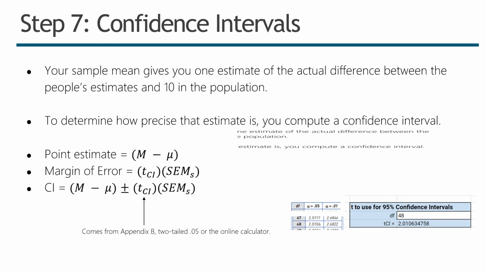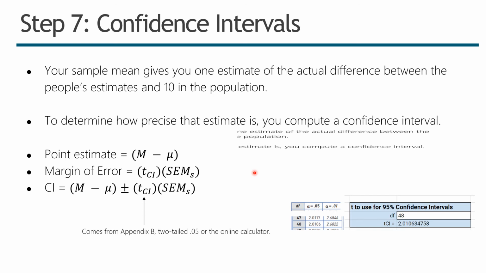So your sample mean gives you one estimate of the actual difference between people's estimates of the lengths of lines and 10 in the population. And we want to know how precise that estimate is of that population mean difference, or that population parameter. So to determine that, we're going to compute a confidence interval.